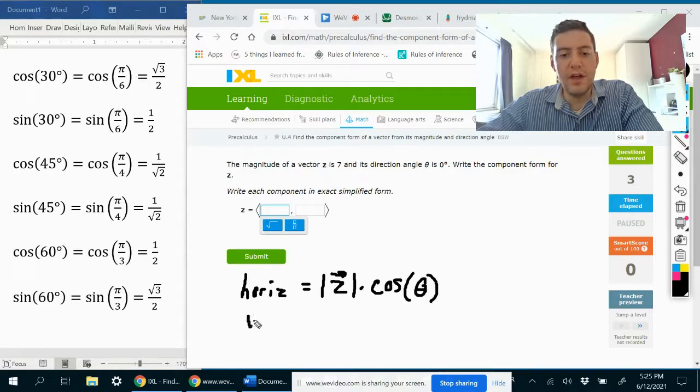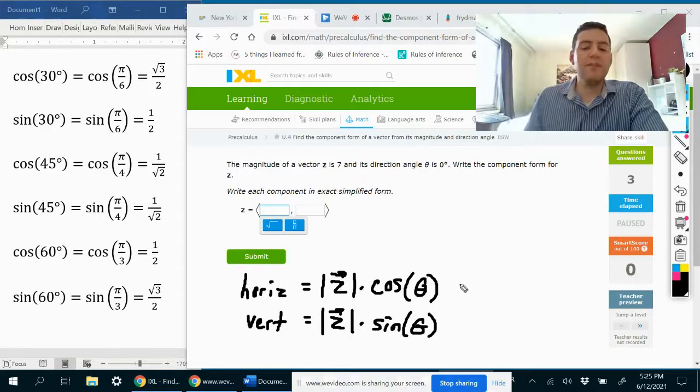And to find the vertical component of the vector, we would do the magnitude of the vector times the sine of the angle theta. However, I'm not going to do that for this problem.